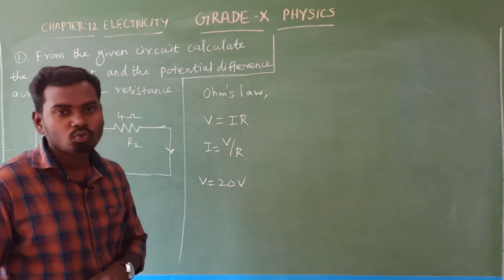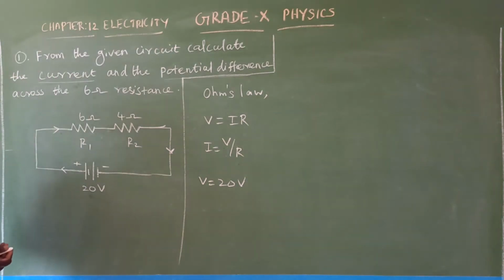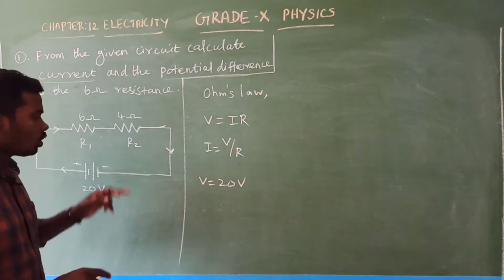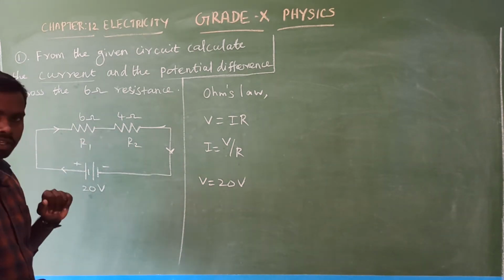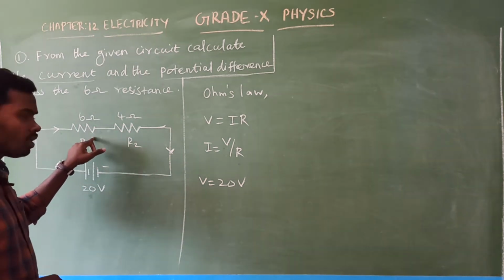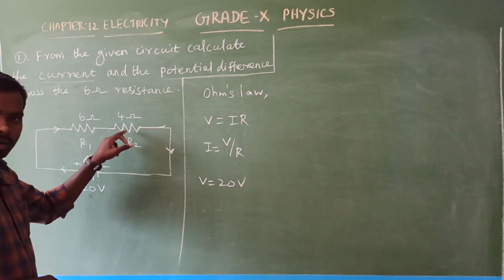The total resistance value. How can we calculate the total resistance? Two resistors are connected in series. R1 is 6 ohm and R2 is 4 ohm.